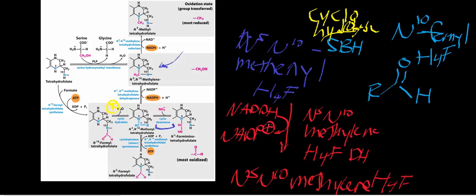Then you can phosphorylate TMP two times to get thymidine triphosphate, and that can be used in DNA replication. So not only does it have its place in glycine catabolism, but it's also involved in nucleic acid biosynthesis.